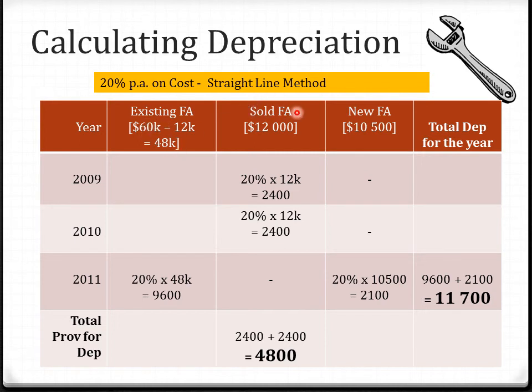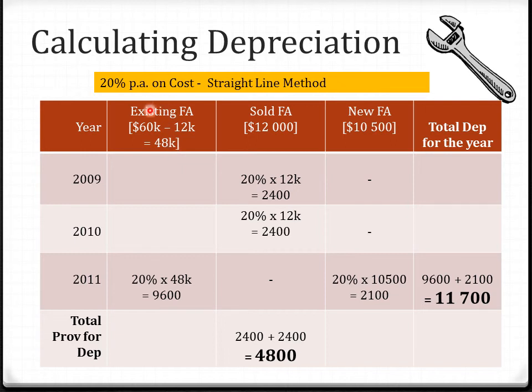So let's start with the sold fixed asset. We know that the fixed asset that you are selling, the cost price is 12K. We know that the original fixed assets that you had initially was 60K. That means you take 60K minus 12K, which is 48K, what you have for the existing ones, that means the ones that you are not selling.